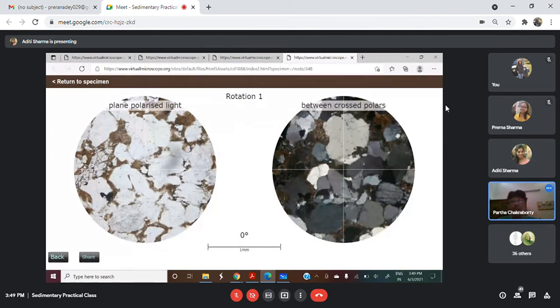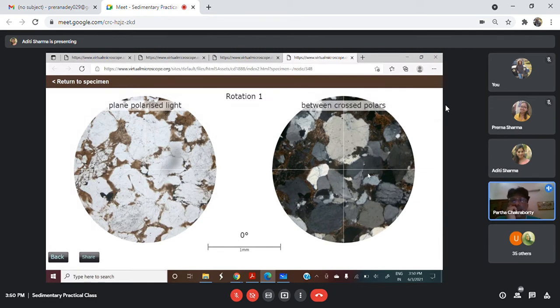Now you see, on the left side is plane polarized light and on the right side is cross polarized light. You see that these are mostly quartz grains, and there is a little amount of dark colored material. This dark colored material may be the iron oxide cement, and the grains are mostly in contact with one another.